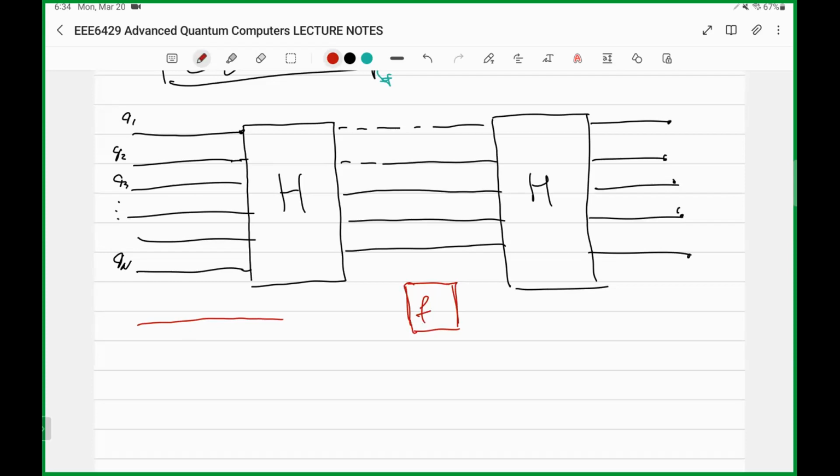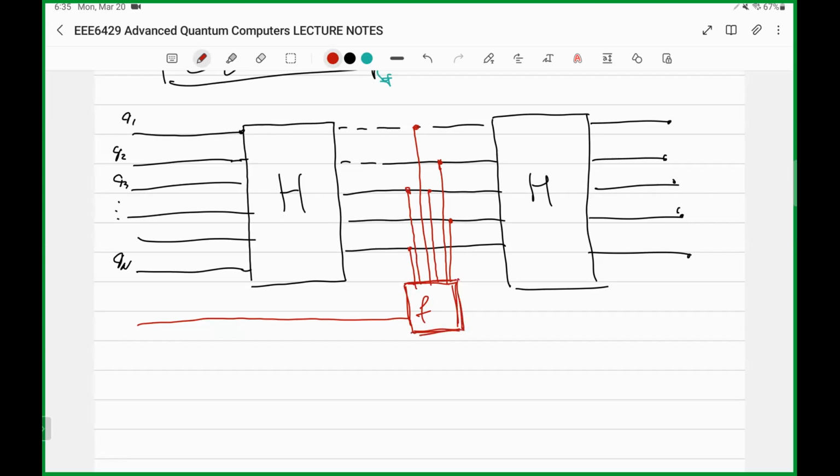That can be also controlled somehow. And this function f is a black box. Sometimes for some algorithms, people call this oracle. It's connected to each of these qubits and changes the phase of all of them somehow.